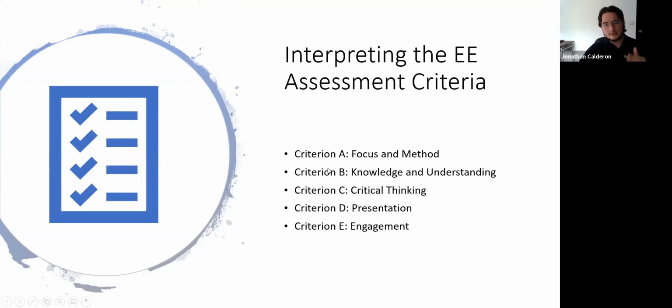So remember that since 2018, the program changed, the criteria assessment changed a little bit. And now we only have these 5 criteria: focus and method, knowledge and understanding, critical thinking, presentation, and engagement. Again, if you notice, there is no assessment criteria related to language, okay? So this is something that is very important.